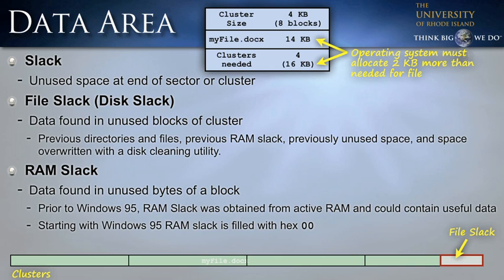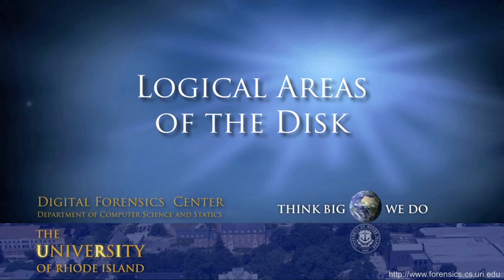Now, operating systems ensure that RAM slack is filled with zeros as a security measure. So, if here we have the sectors that make up the clusters in our file, this area here would be the RAM slack that resulted from our file not being an exact multiple of 512 bytes in size. And those are the logical areas of a disk volume created by a high-level format.